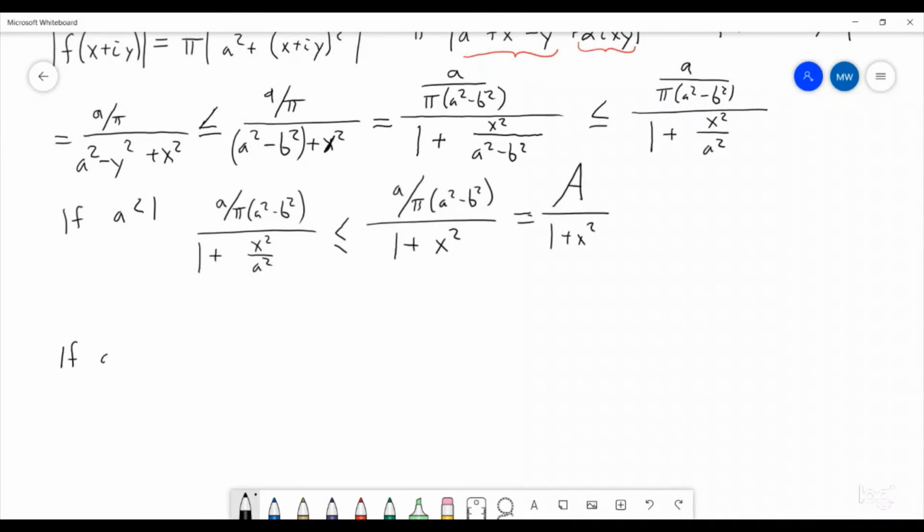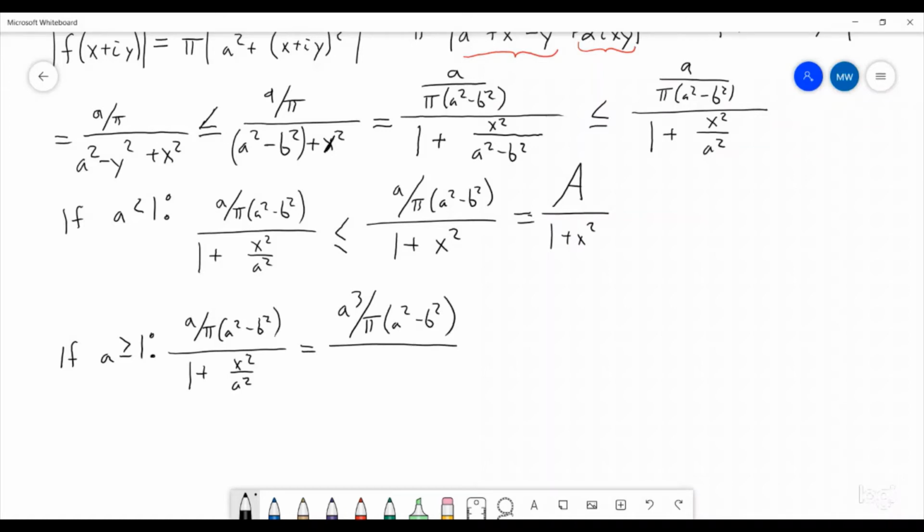Now, our other case is if a is greater than or equal to 1. So if a is greater than or equal to 1, then what we're going to have is we have our a over pi a squared minus b squared all over 1 plus x squared over a squared. This is equal to a cubed over pi a squared minus b squared all over a squared plus x squared.